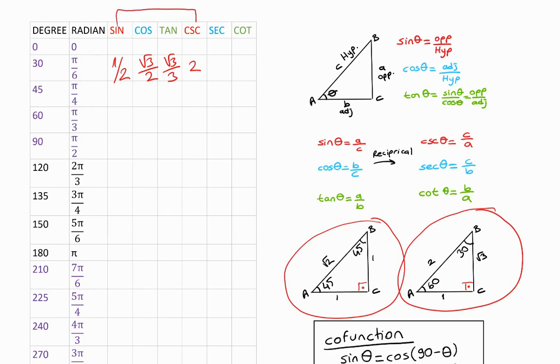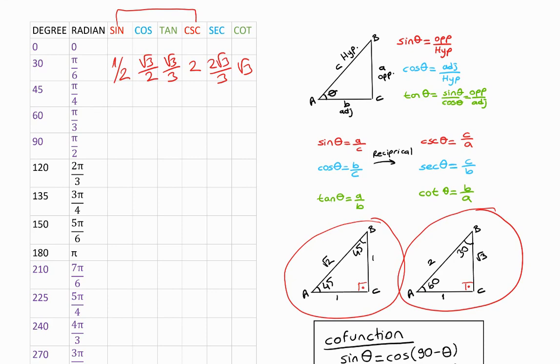And for secant, I will get the reciprocal of cosine, which is 2 square root of 3 over 3. And cotangent is the reciprocal of tangent, which is square root of 3.